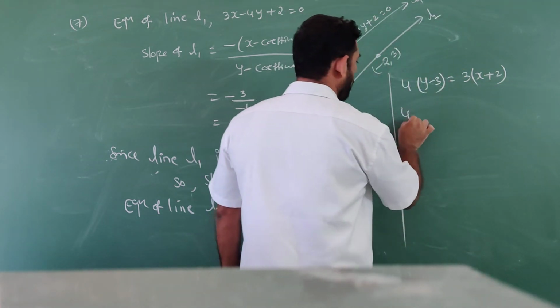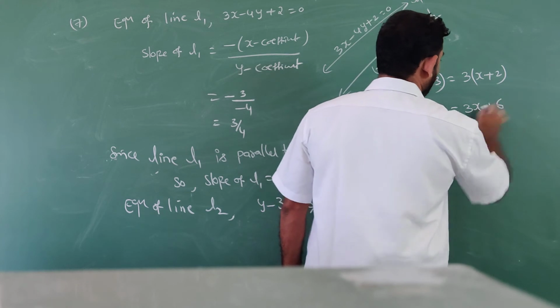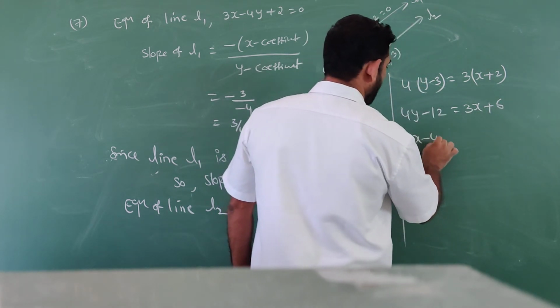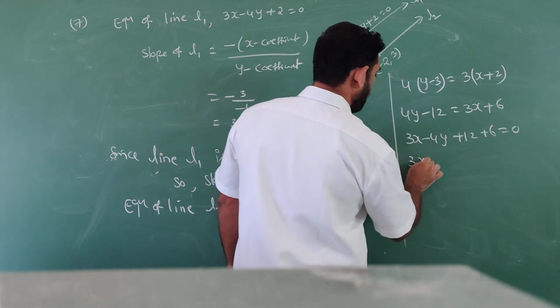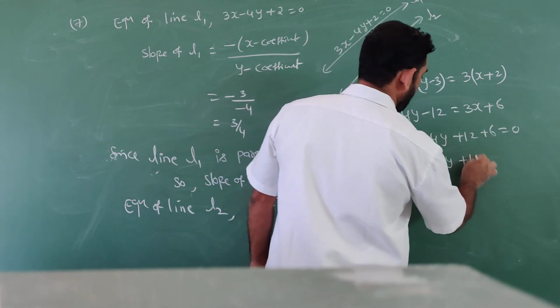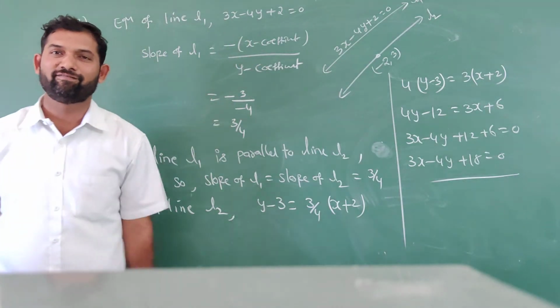Now simplify: 4y minus 12 equal to 3x plus 6. So 3x minus 4y plus 12 plus 6 equal to 0. 3x minus 4y plus 18 equal to 0. That is the equation of another parallel line.